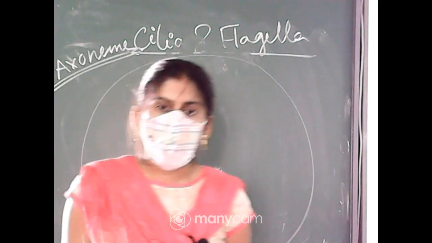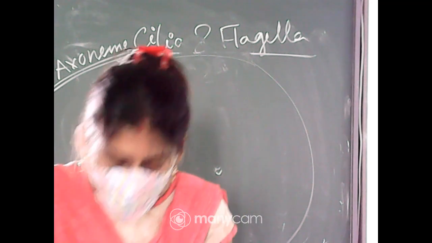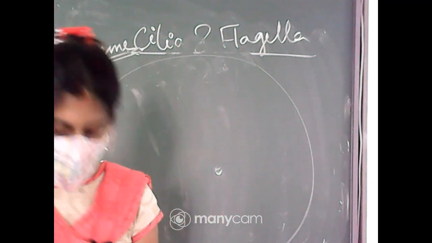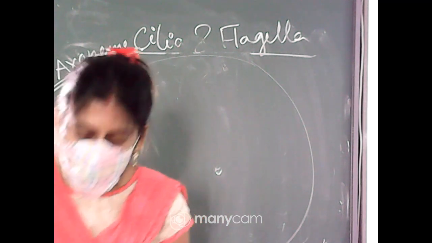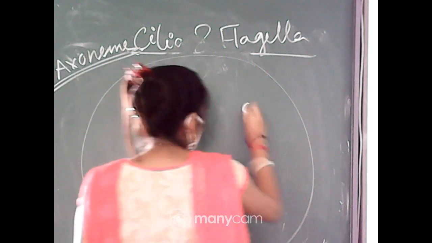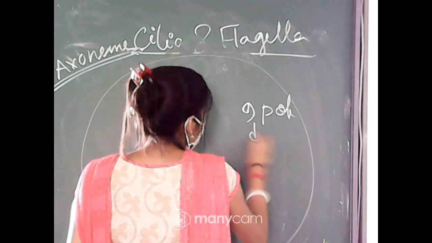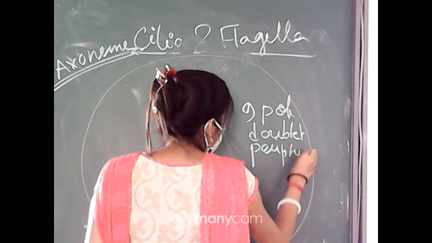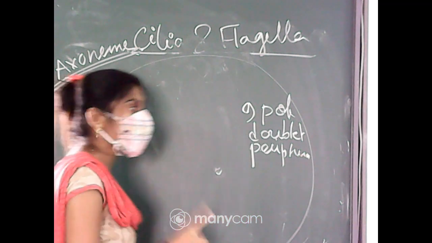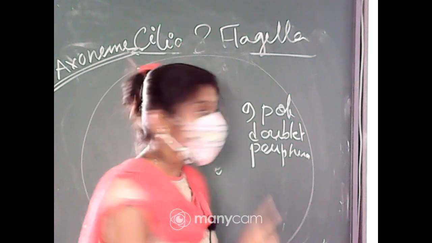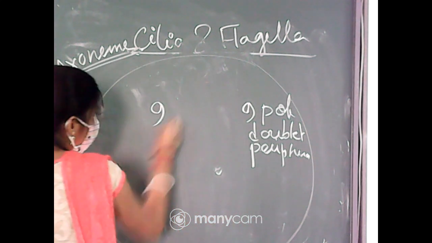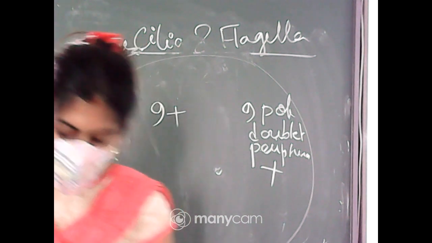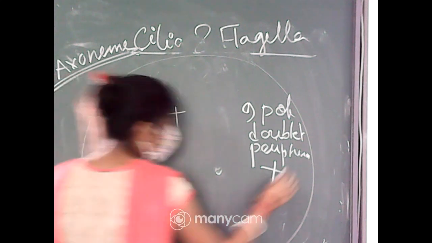How? Because in that case, 9 peripheral microtubules, 9 doublet peripheral microtubules can be found. In the axoneme, 9 pairs of doublet, radially arranged peripheral microtubules can be found. You know what a microtubule is, as I have mentioned earlier. So, the first number is 9, plus a pair of centrally located microtubules can be found.